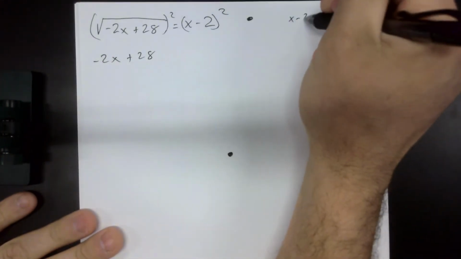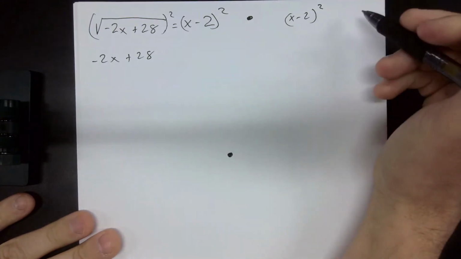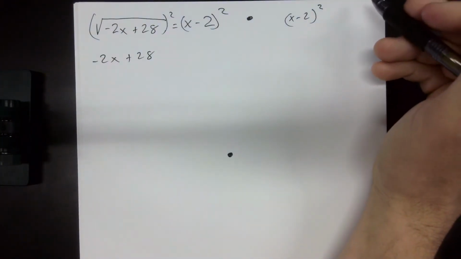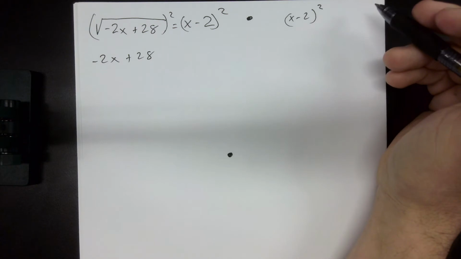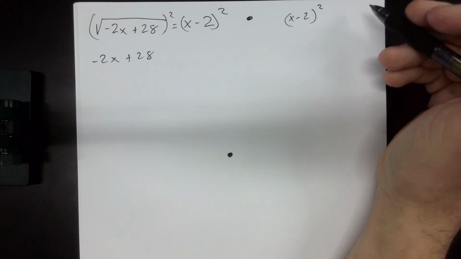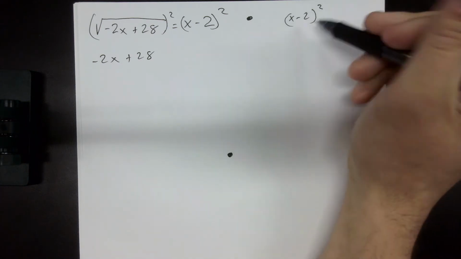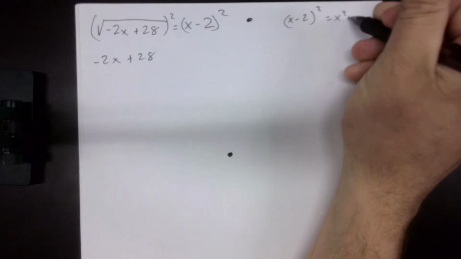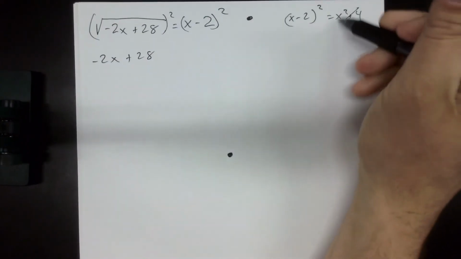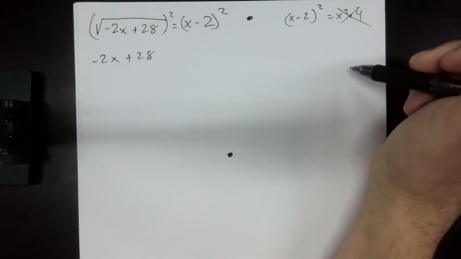x minus 2 squared is not... a lot of you are going to... does anyone want to take a guess how to do this? Maddox? Square x and square 2, right? Close. That's usually what people say. This is usually the answer people want to do. That's wrong. You can't just square each term. You have to put another one in parentheses and multiply them together.